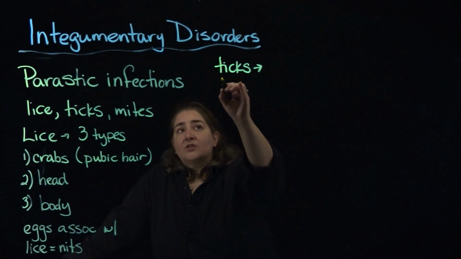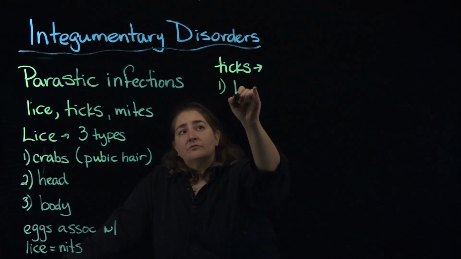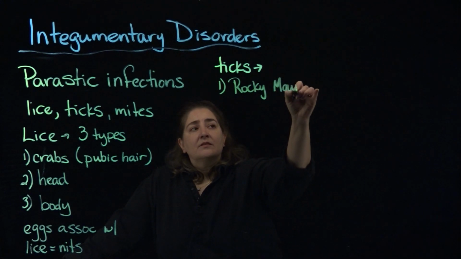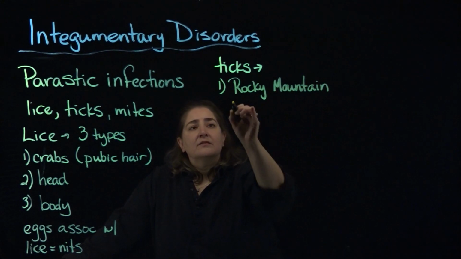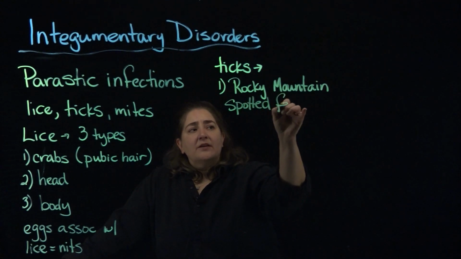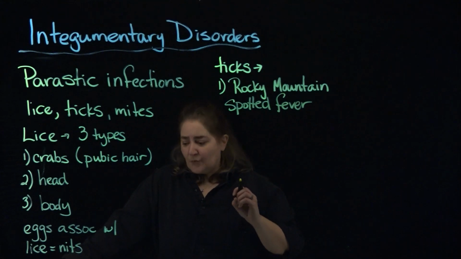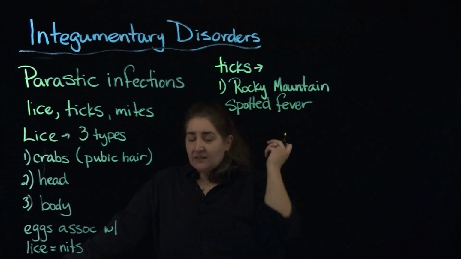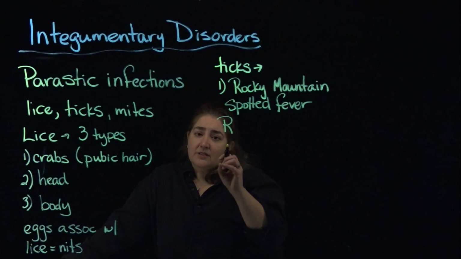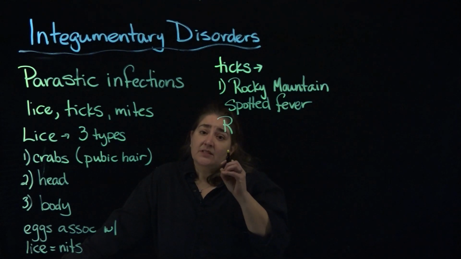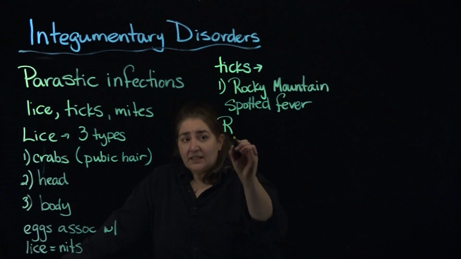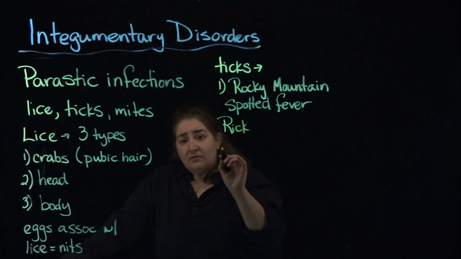With ticks, we've got 2 diseases that I want you to know. Rocky Mountain spotted fever is one tick-borne disease, and the infectious organism associated with the ticks, because the tick bites and transfers the rickettsia to the individual.